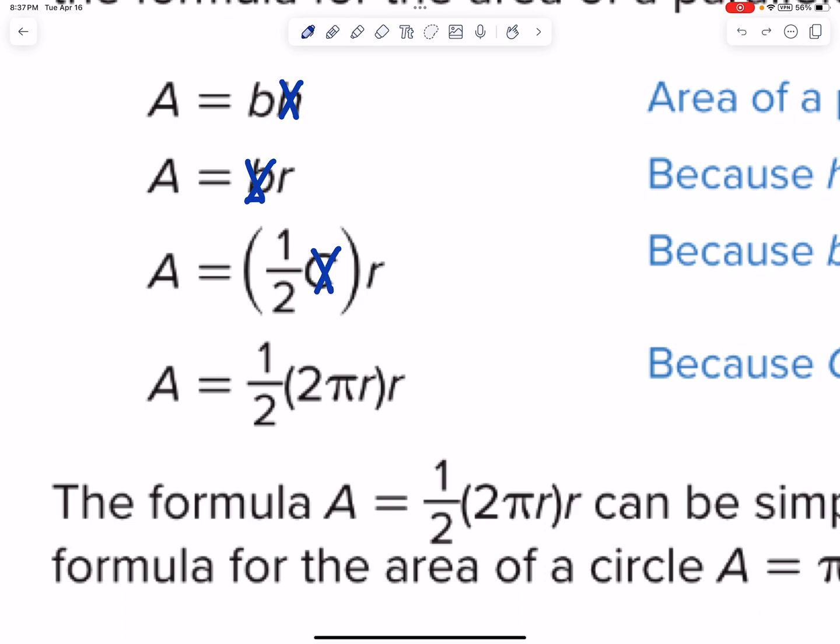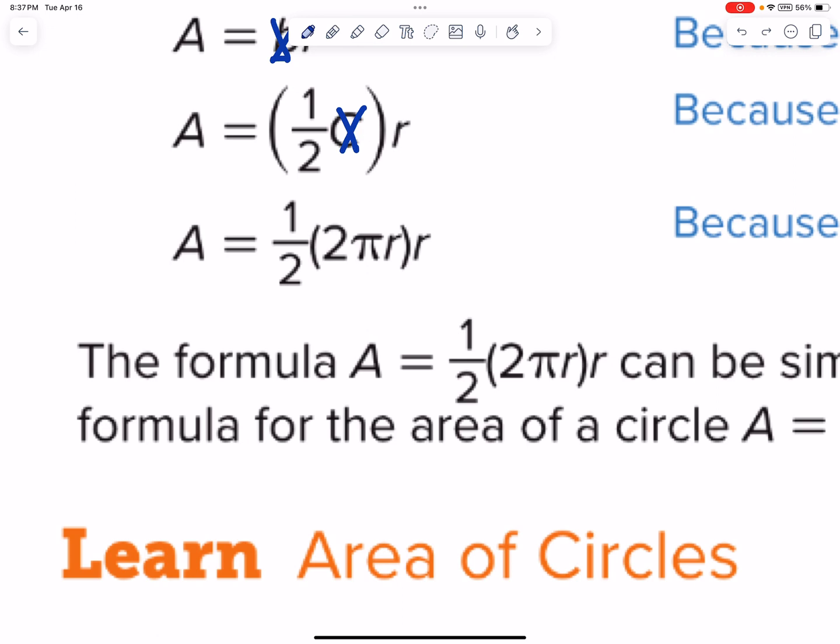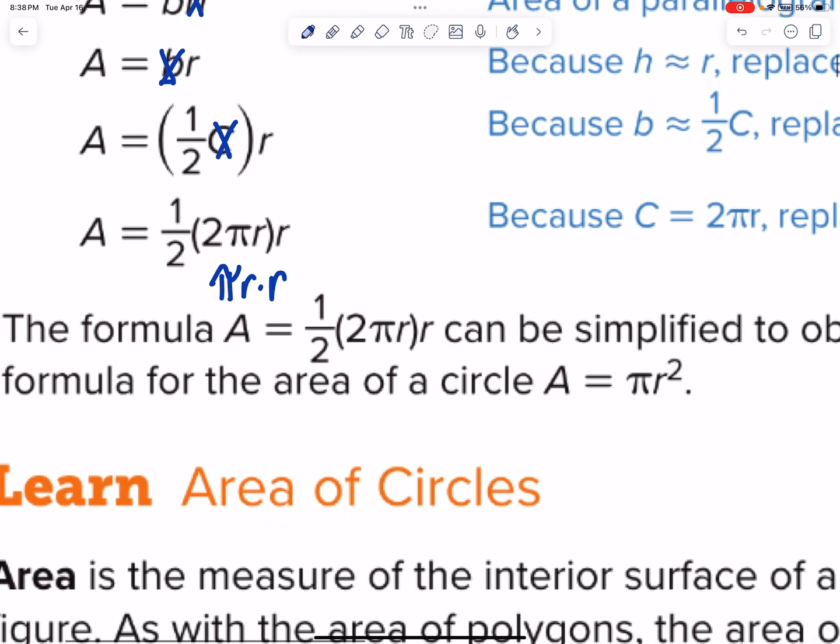Because circumference is the same thing as 2 pi r, okay? And then half of 2 pi r is just 1 pi r, or pi r times r, and r times r is actually r squared. And so that's where we end up with area equals pi r squared as the formula for a circle, okay?